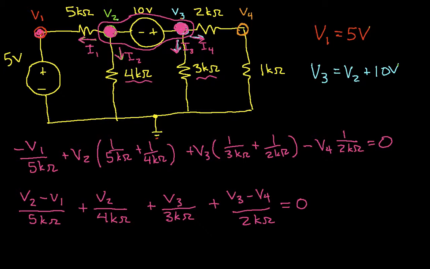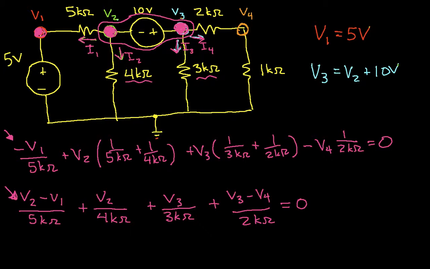And the voltages of the nodes that are connected through resistors to the supernode have negative signs in front of them. So hopefully you can look at that equation and understand the pattern. If not, you can always do it this way and then rearrange it into this form.